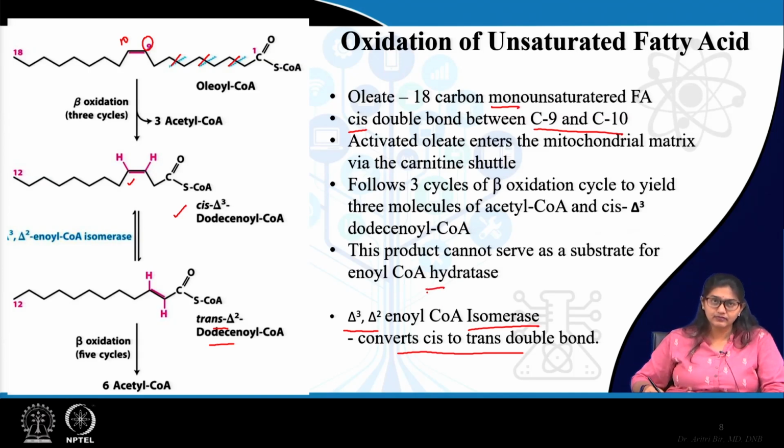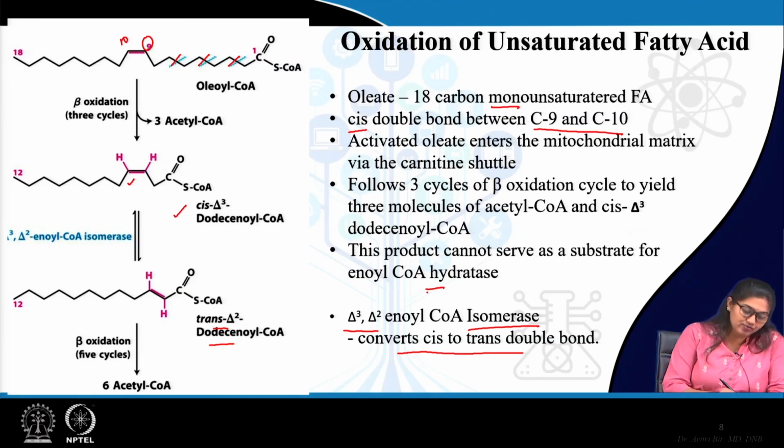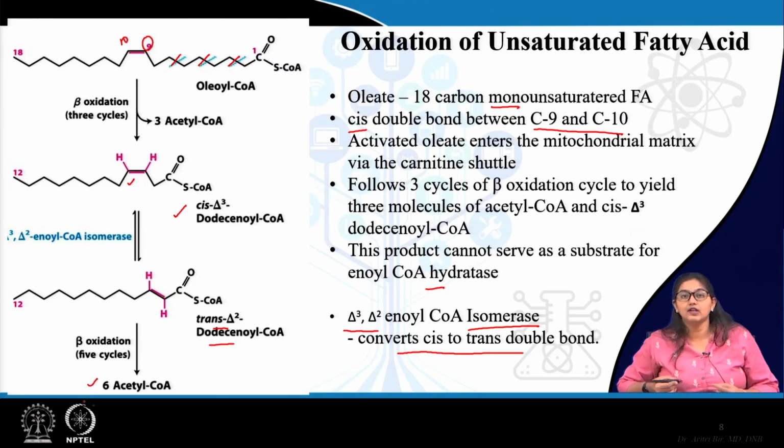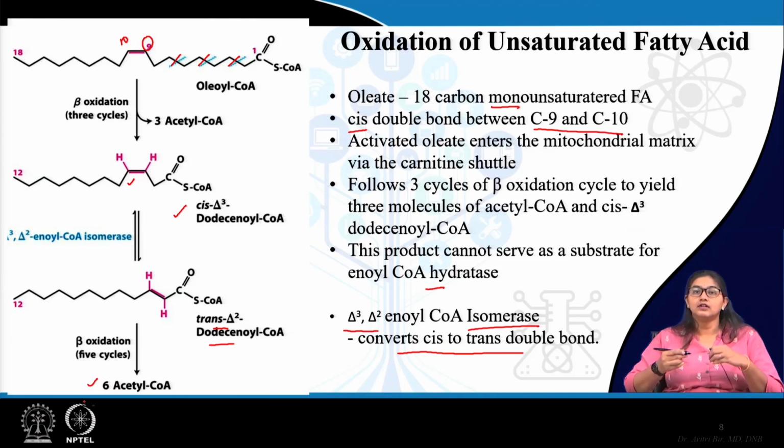So, this product dodecenoyl coenzyme A can undergo 5 cycles of beta oxidation producing 6 acetyl coenzyme A. So, this is the beta oxidation of oleoyl coenzyme A where there is one cis double bond which is acted upon by isomerase to form a trans double bond, and others are just like beta oxidation of saturated fatty acids.